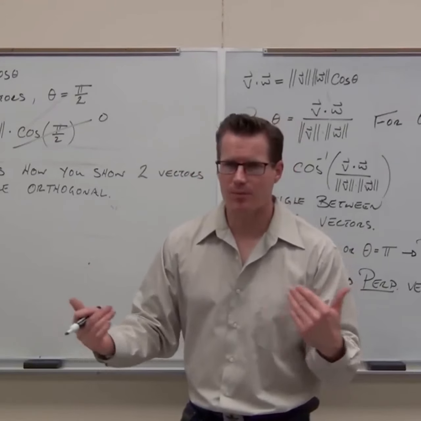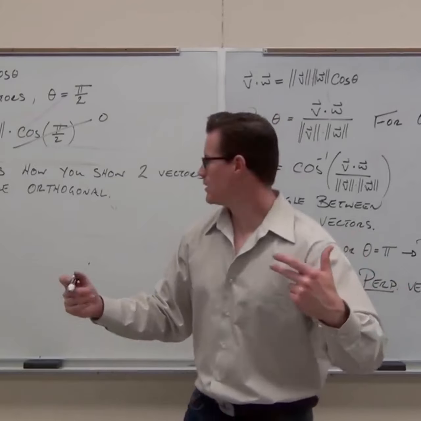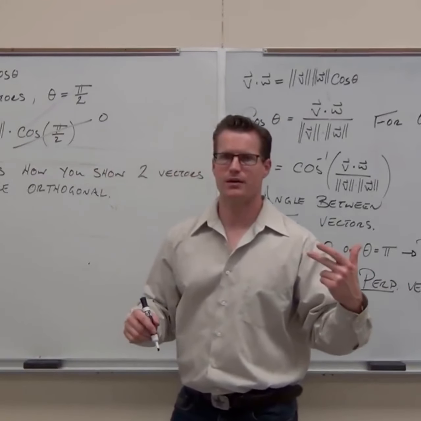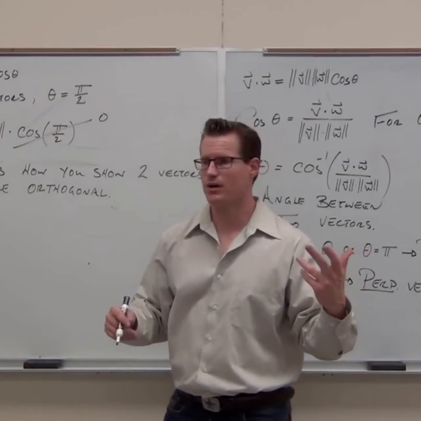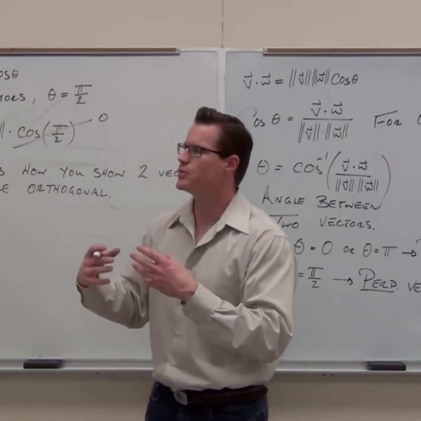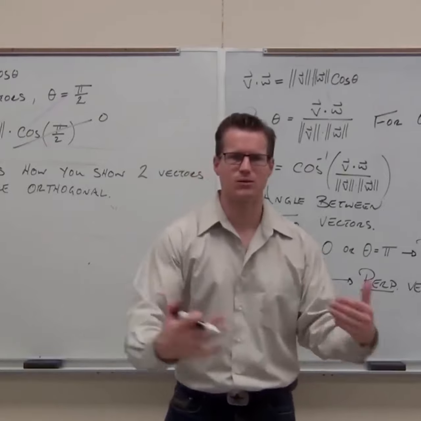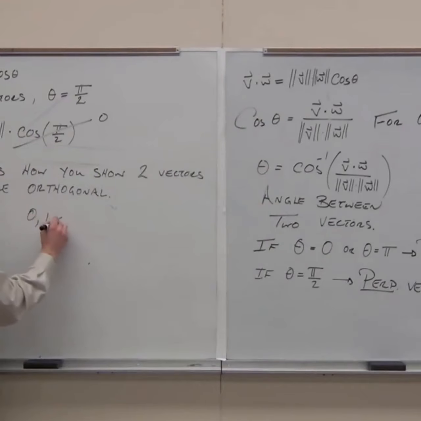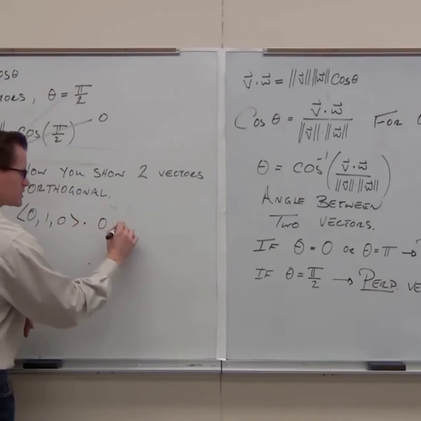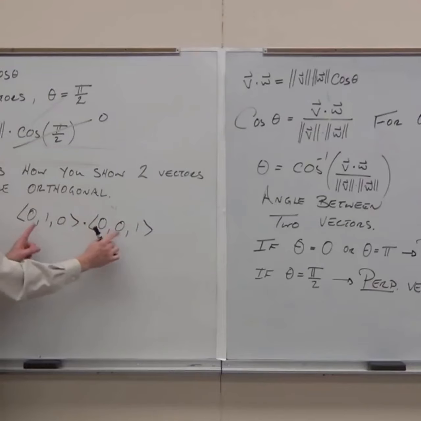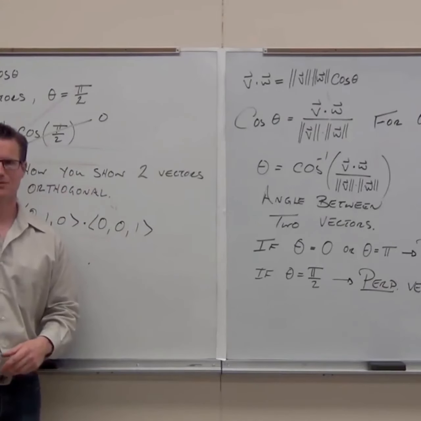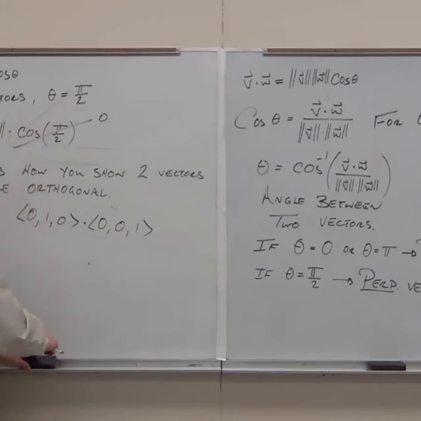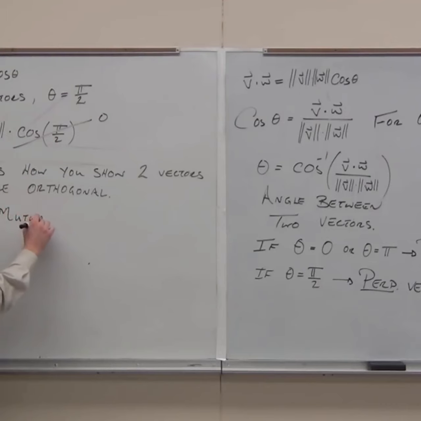If you ever dot product I with J, what number are you going to get? 0. Have to. If you dot product J with K or I with K, they're mutually orthogonal, so you have to get 0. I'll just do one example. 0, 1, 0, which is J, with 0, 0, 1, which is K: 0 plus 0 plus 0 is 0. See? Every time. We call these mutually orthogonal.